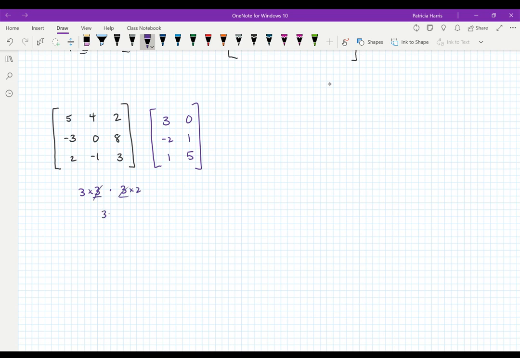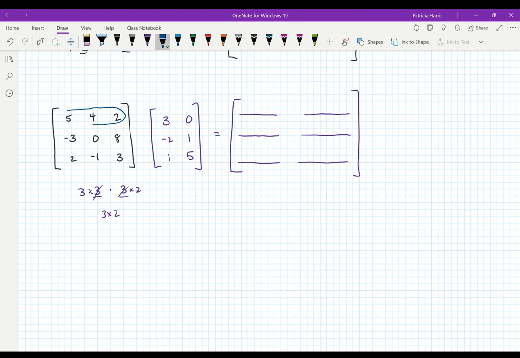So I get a 3 by 2 back out. Okay, now you're multiplying 3 numbers, which is fine. You're just going to go first times first, second times second, third times third. Okay, so that's going to be 15, negative 8, positive 2.